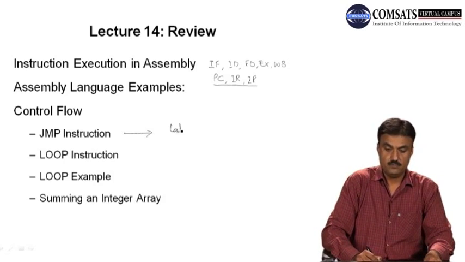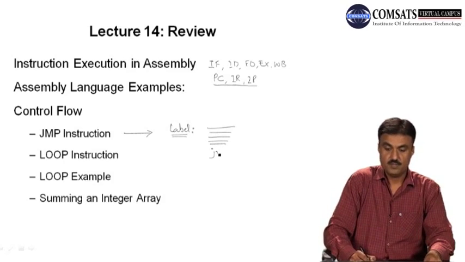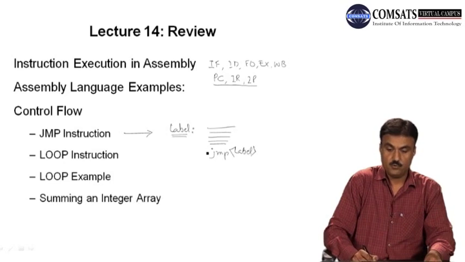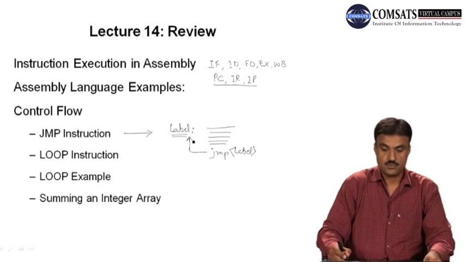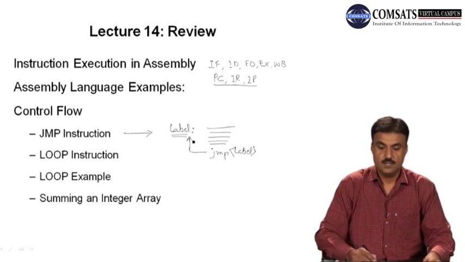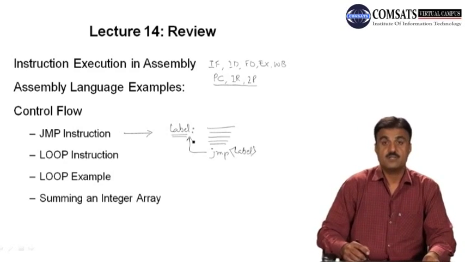We define a label, and after this label there were instructions, and simply we call jump and the label. At this label, the program transfers its control without any condition.